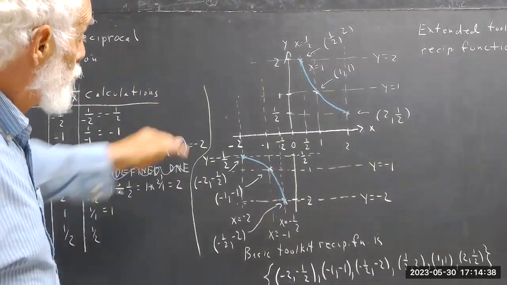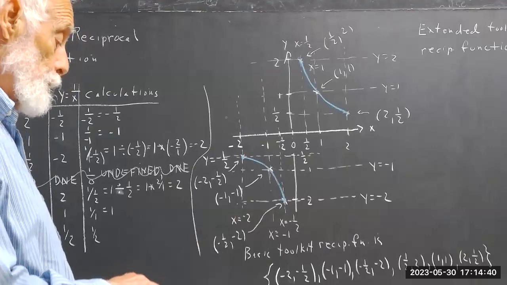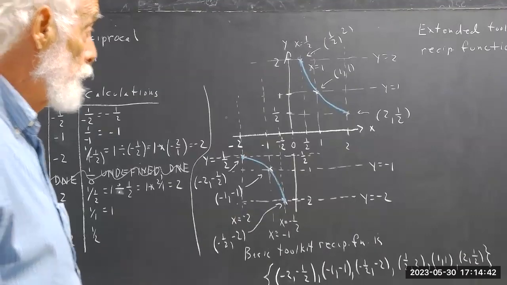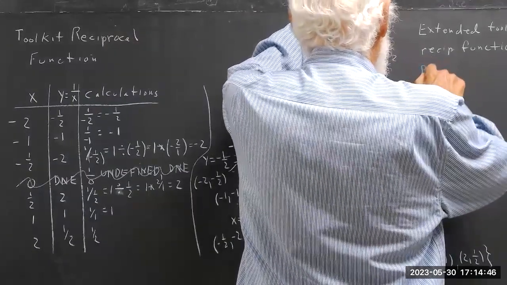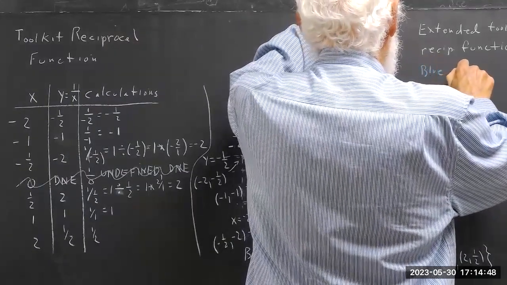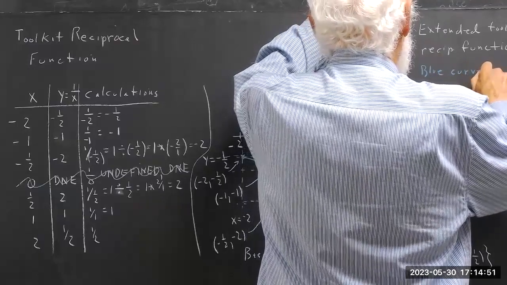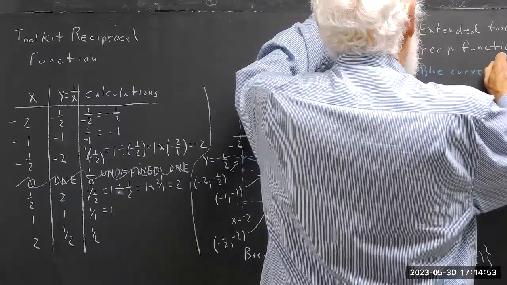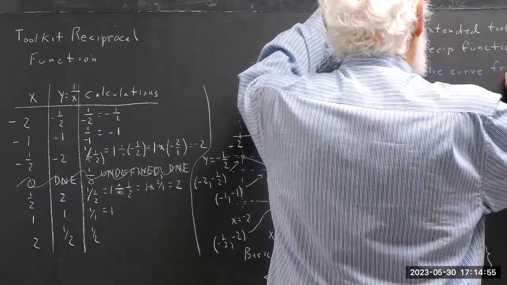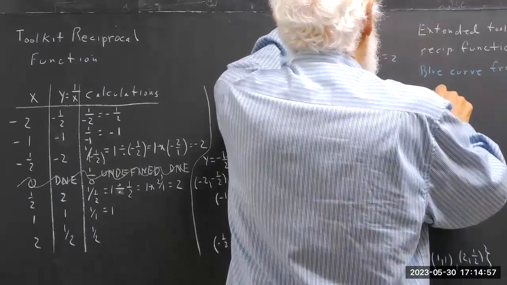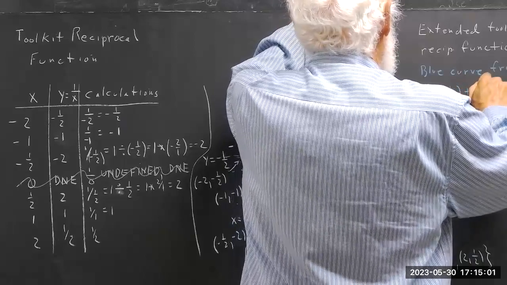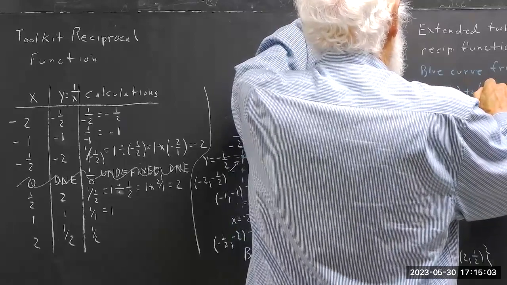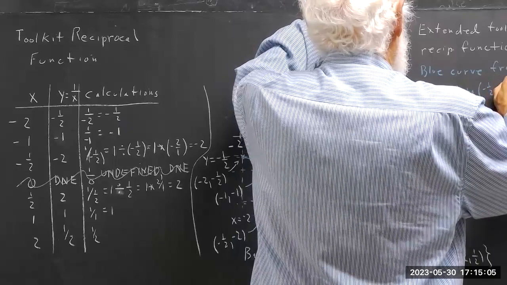Okay, so this is it. Toolkit reciprocal function is the blue curve, the extended toolkit. So it's the blue curve. -2, -1/2 to -1/2, -2.